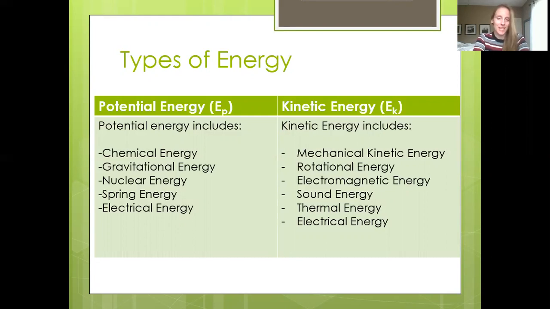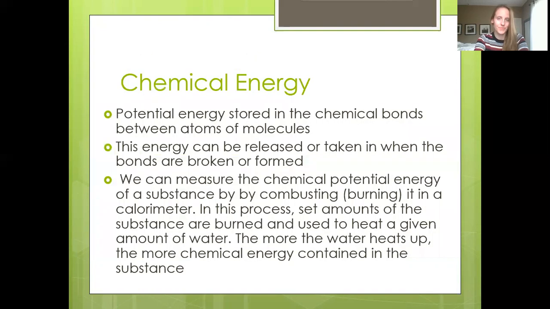And you may notice there that electrical energy is under both categories. It is a different type of electrical energy under both of those categories. For each one of these types of energy, you will have to know its description, and then for a couple of them, there are also some calculations to go along with that.